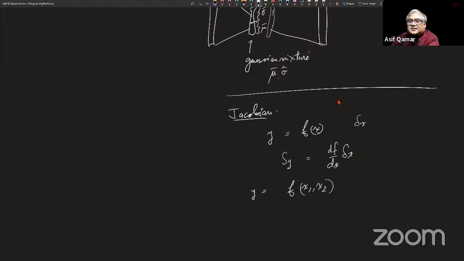Now what happens is delta y is equal to delta f. It will have some change in response to changes in x1 plus some change in response to x2. Would you agree with this?